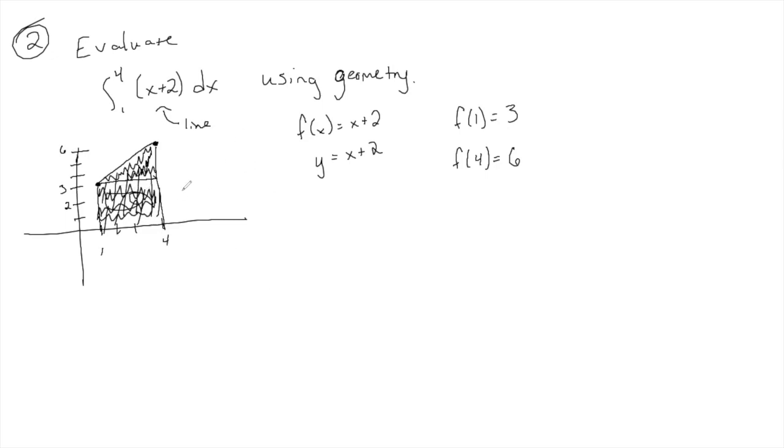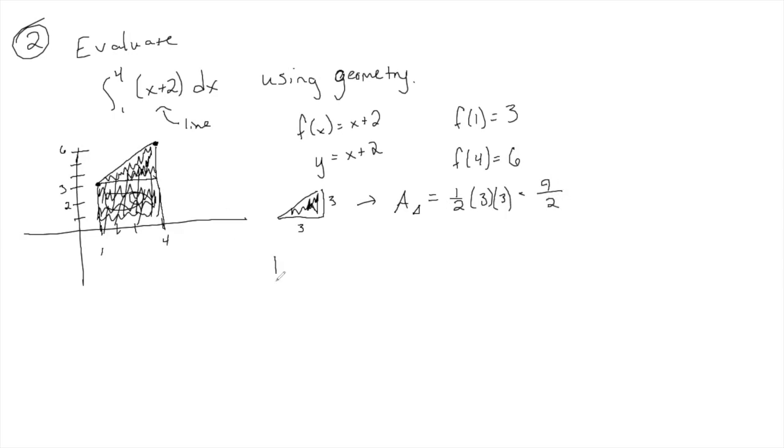All right, so I need to know the dimensions. So it looks like the triangle piece, I'll draw them out here separately, has width from 1 to 4, that's of length 3, and has height from 3 to 6, which is also 3. Okay, so area of the triangle is equal to 1/2 base times height, which is 1/2 times 3 times 3, or just 9 over 2.